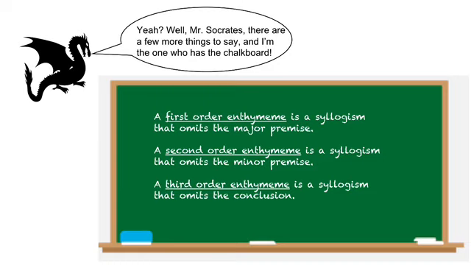A second-order enthymeme is a syllogism that omits the minor premise. And again, the minor premise is the second premise of the syllogism, so second-order enthymeme. And a third-order enthymeme is a syllogism that omits the conclusion, where you just assume that your audience can figure it out for themselves. That would be a third-order enthymeme.